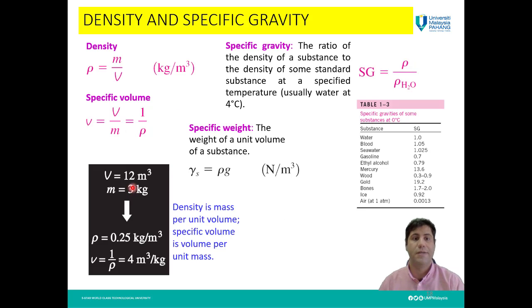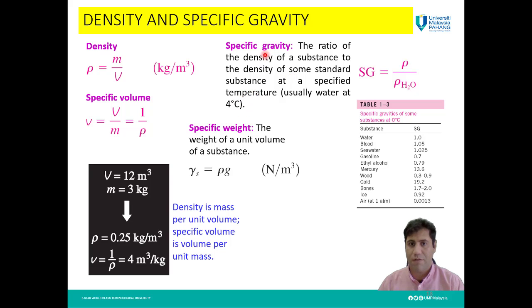Two other more important properties of the system are density and specific gravity. As you may know, density is the ratio of the mass and volume of the substance. Let me first introduce specific gravity. Specific gravity is the ratio of the density of a substance, rho, to the density of some standard substance at a specified temperature.